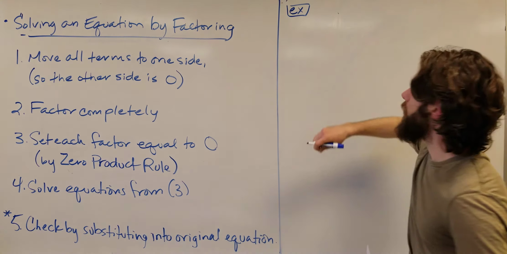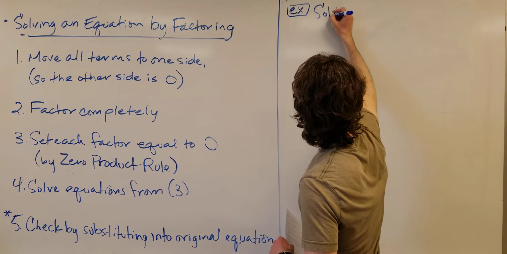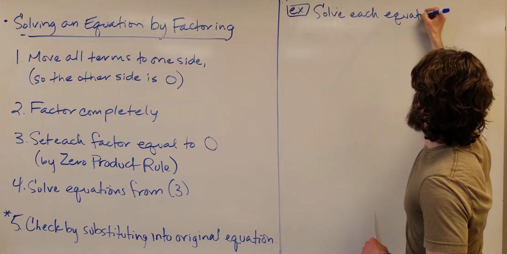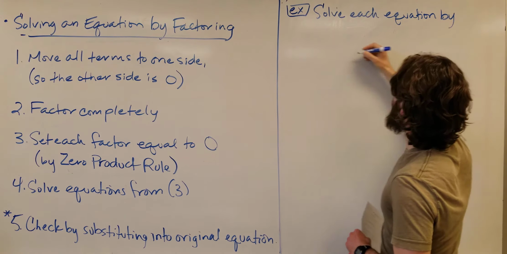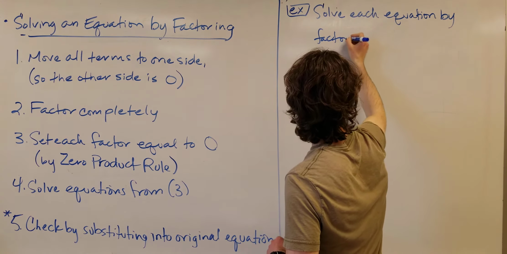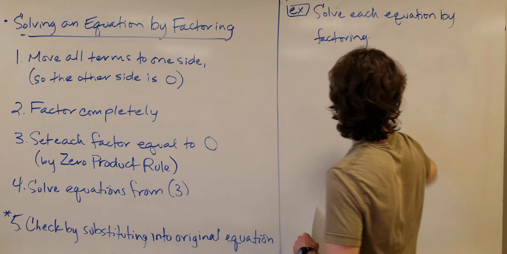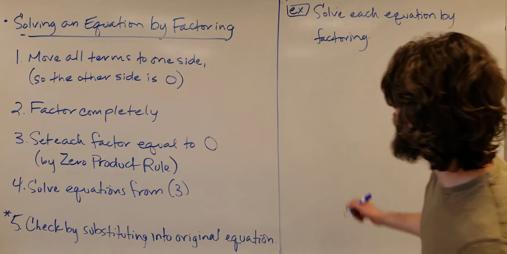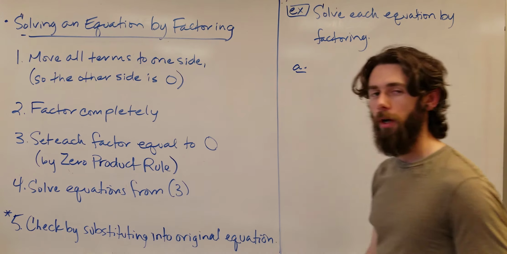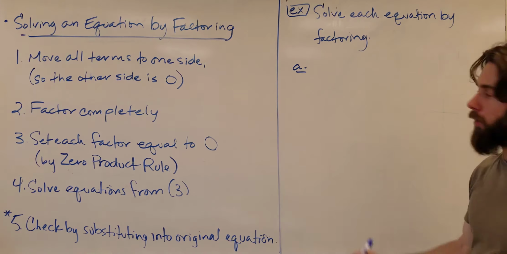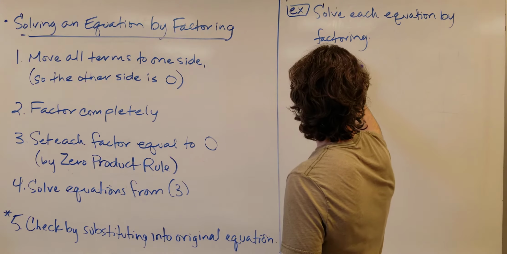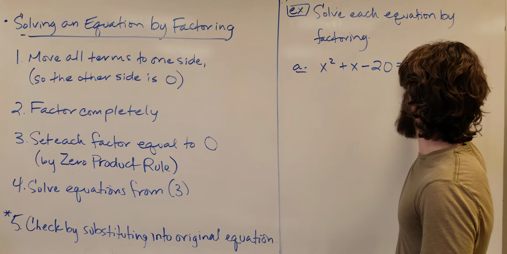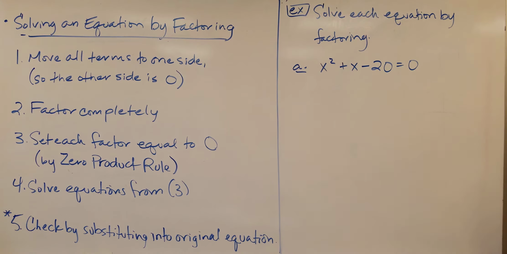All right, so let's solve each equation by factoring. First one, start with a nice quadratic equation: x squared plus x minus 20 equals 0.